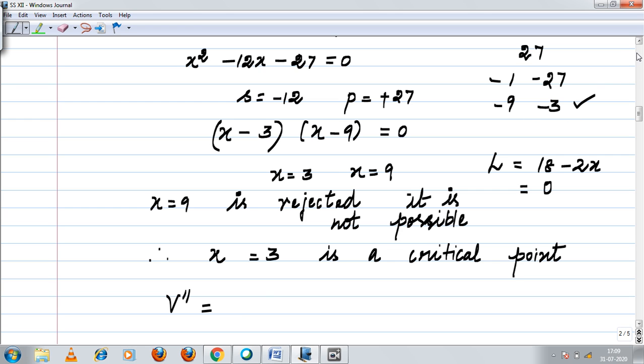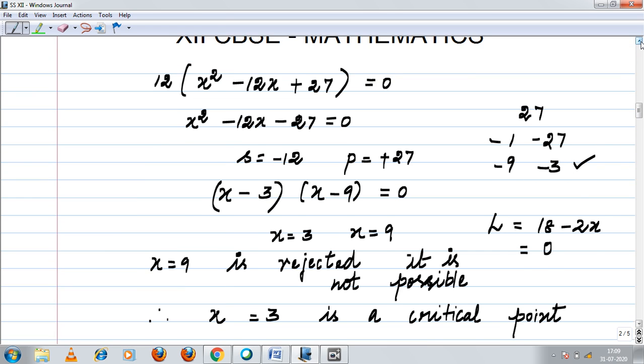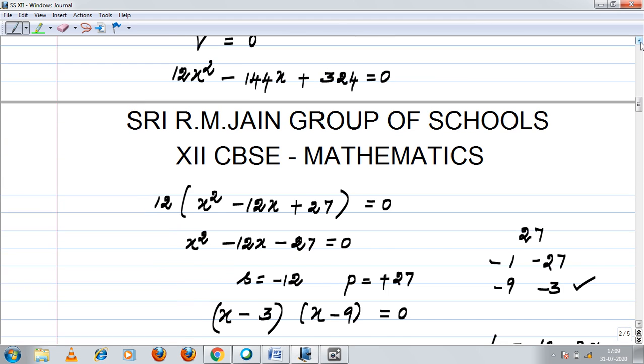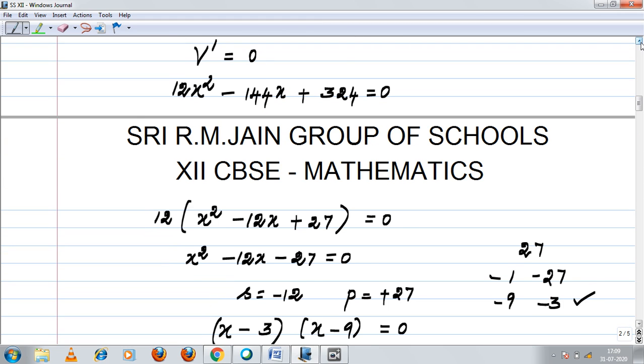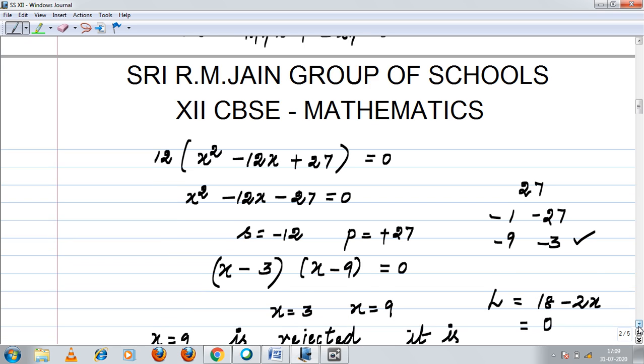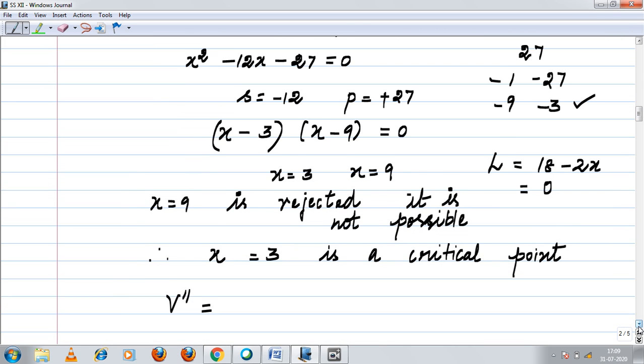What you equate with 0, that you should take, not the simplification: V dash equal to 12x square minus 144x plus 324.